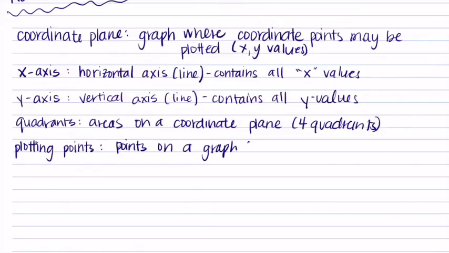Typically we give these letter values, or you'll see it on that graph. We have ordered pairs, which are the x values and y values.